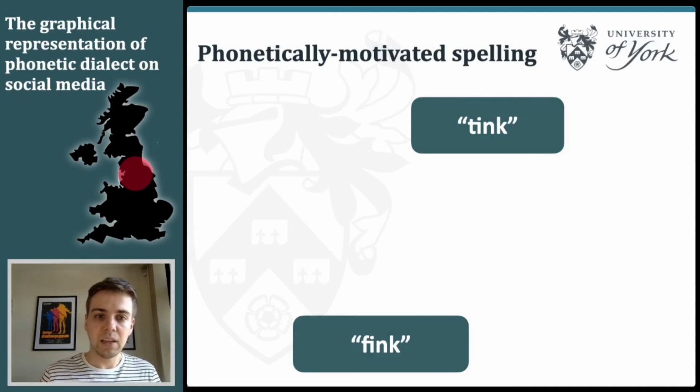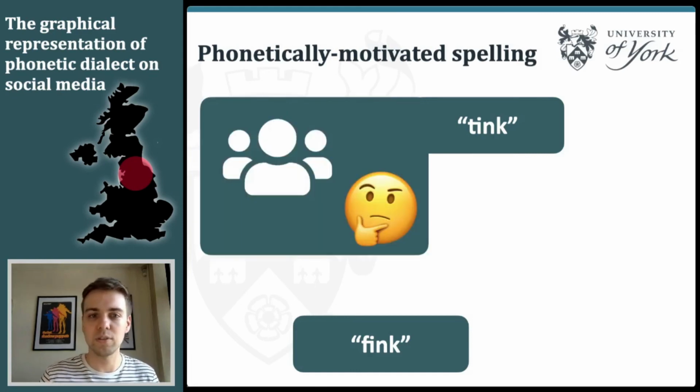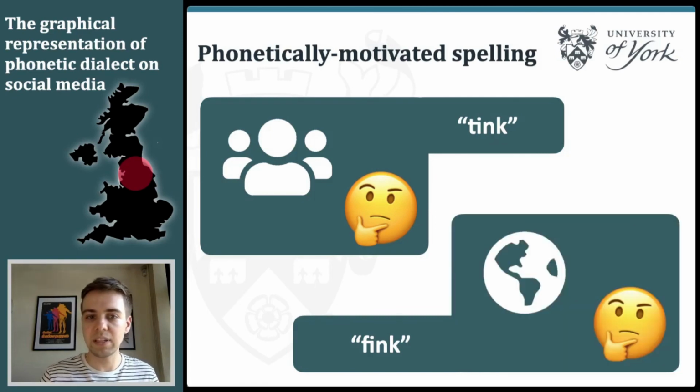And in either case, you might automatically form a kind of mental picture of the word, or at least a picture of the people who might say the word, or who might spell the word in this way. So maybe you might associate tink with a particular social group, or you might associate people who say fink with a particular region, a particular dialect, or variety of English that's spoken somewhere in the UK or even across the world.